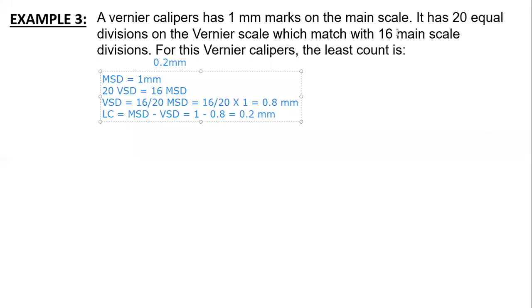Sir, can I keep the least count in any units like micrometer, nanometer, or is it specific? Just compare with the question. If the value of MSD is given in terms of millimeter, keep the final answer in millimeter. That would be better. Okay, sir, I understood.